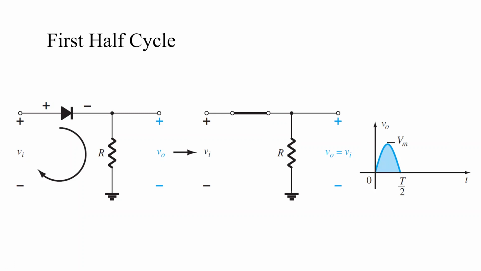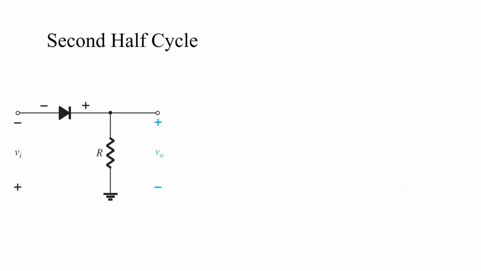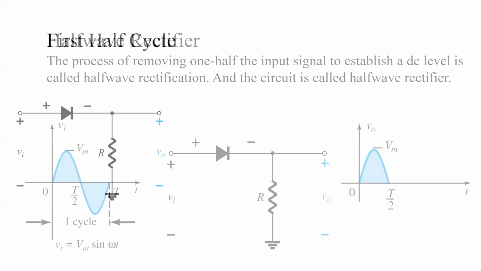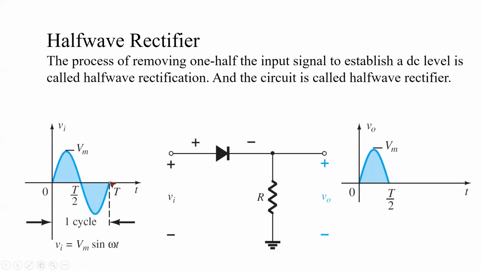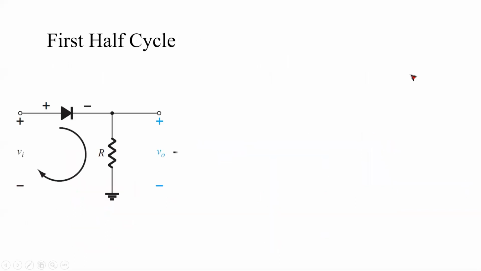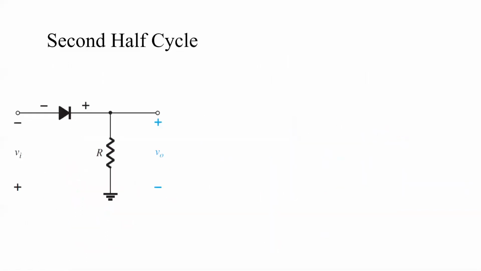Now for the second half cycle, we will be talking about this part as your input, because for these we already got the output. Now we will consider this part and see whether we get 0 or not. For the second half cycle, remember your plus is here and your minus is here, because of alternating current.